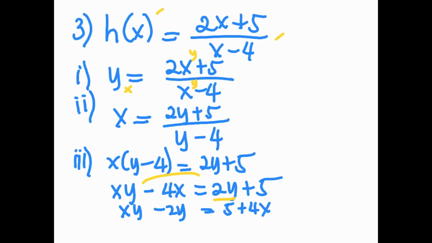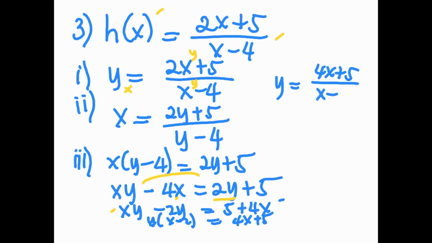Now, since y is a common factor between these two terms here, we can extract y and have x minus 2, equal to, we can rearrange the terms here, 4x plus 5, right? And to continue, dividing both sides by x minus 2, we are now ready to have the value of y, which is equal to 4x plus 5 all over x minus 2, right?